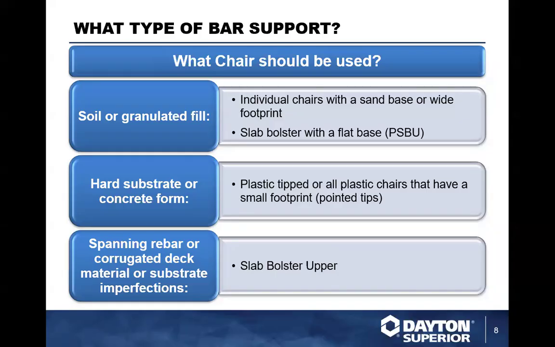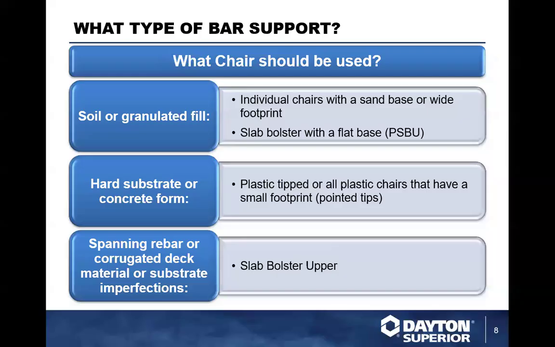You can also use slab bolster with a flat base, PSBU, plastic slab bolster upper, or you can use a standard slab bolster with plate. If you have a hard substrate or a concrete form, typically I would recommend using a plastic tip or an all plastic chair.